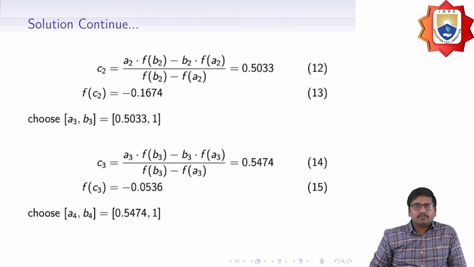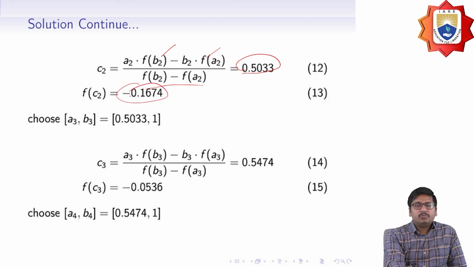I'm replacing this and continuing the process. So a2 into f of b2 minus b2 into f of a2 by f of b2 minus f of a2. I get this value, and f of c2 is this. Again choose this. The root lies between a3 and b3, and again calculate the c3 value by substituting the values here. I'm going to get this, and finally f of c3 equals this.